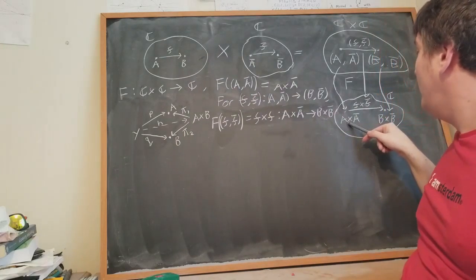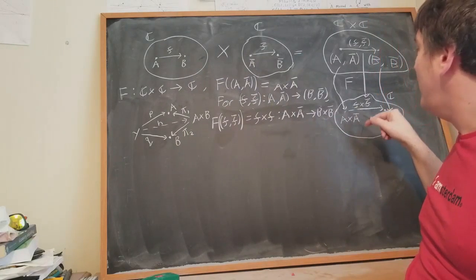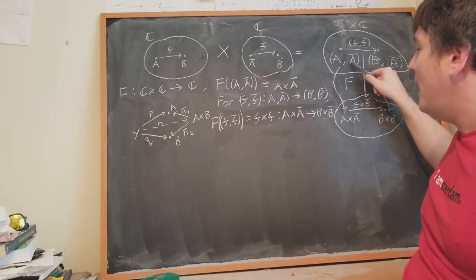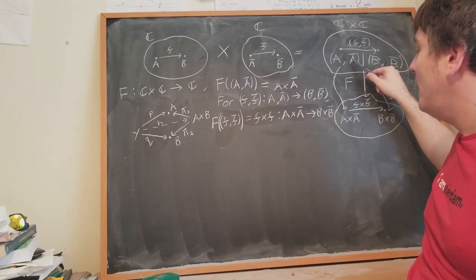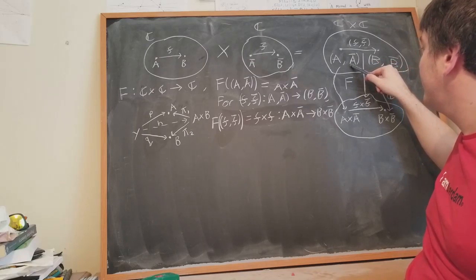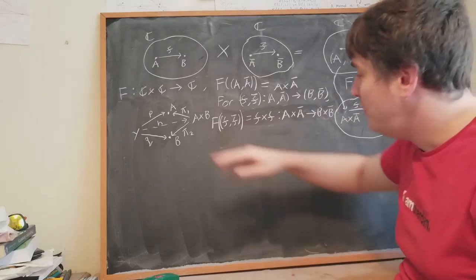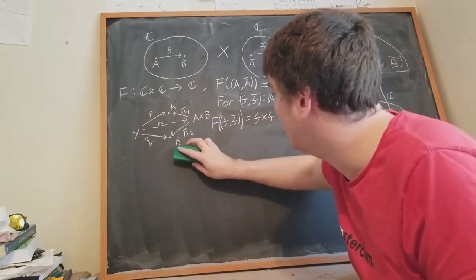Okay, so we can say, okay, we've got A and A bar, and we can just do this kind of construction here.